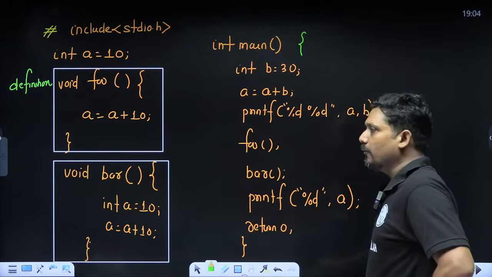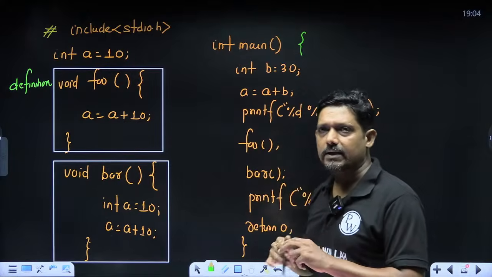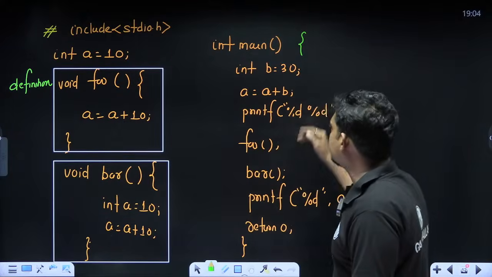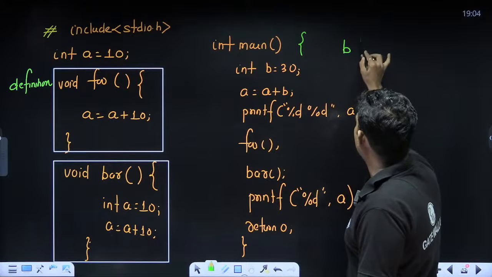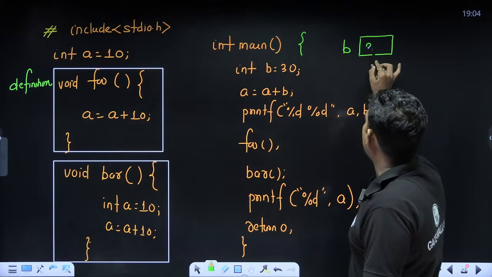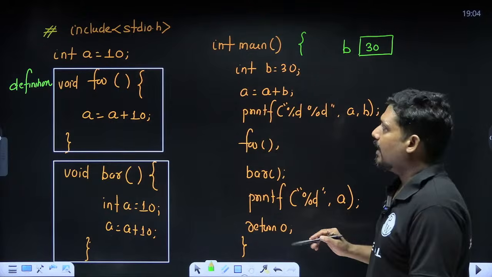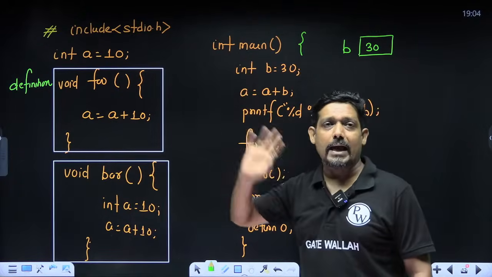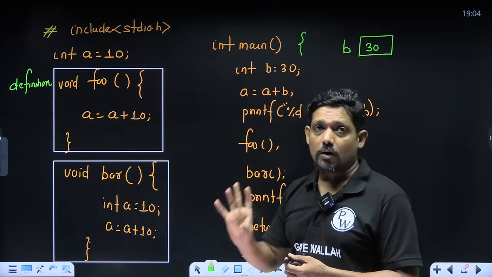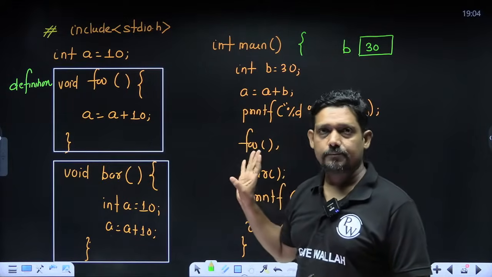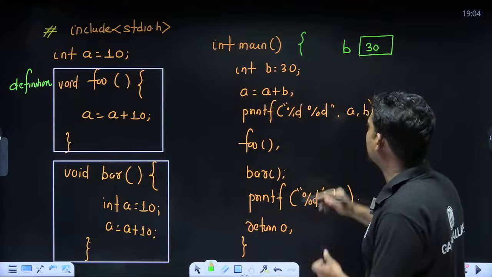Now, whenever multiple functions are there, directly come to the main function. Let's say b is equal to 30. So b value is 30. Now observe that there is no declaration of a. If it is a global variable and there is no conflict, conflict meaning there is no local a, then this a is nothing but the global a only.